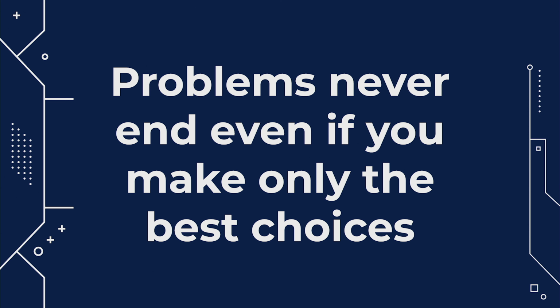And that's really not my intention, because even if you make all of the best possible choices, you still run into problems. That's just in the nature of engineering, perhaps in the nature of human endeavor writ large. So even if you do everything right, perhaps especially if you do everything right, you succeed and get to a scale where you just have a lot of problems to deal with as a natural part of that.